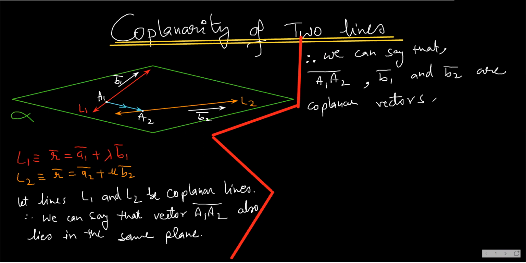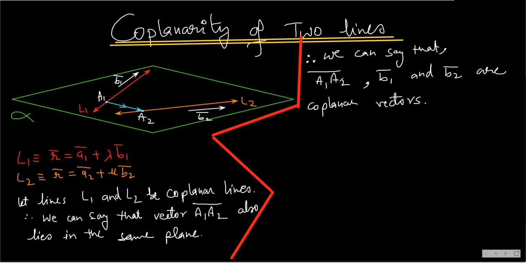Why? Because B1 bar and B2 bar are already coplanar. Now this A1 A2 bar is also lying in the same plane. So these three vectors, A1 A2 bar, B1 bar, B2 bar, are coplanar vectors.